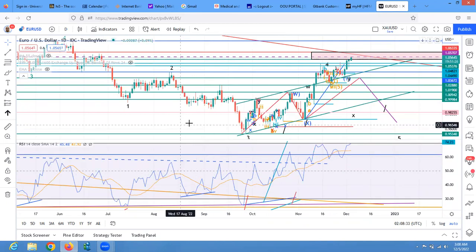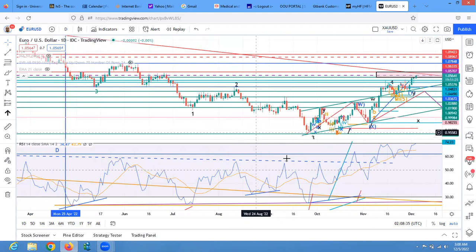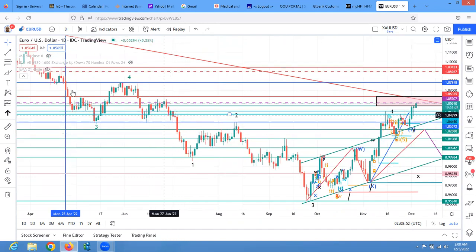On the daily, that is the way it's looking. We are seeing this one taken out, and we are seeing consolidation just above this line on the daily. I haven't done that on the RSI on the weekly. So let me go back to what I'm trying to teach us.